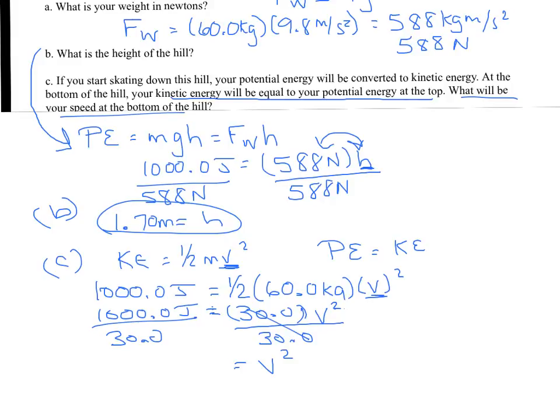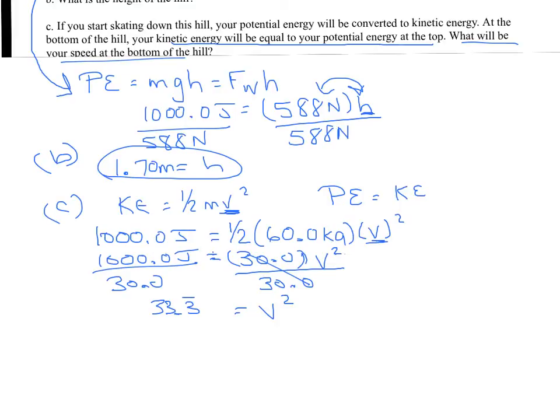which is 33.3 repeating. But my problem did not say to get V squared, it said to get just V, the velocity. And this is meters squared per second squared. To get just the velocity, and since it's squared, the opposite of squaring is taking the square root. So I'm going to have to take the square root of both sides.